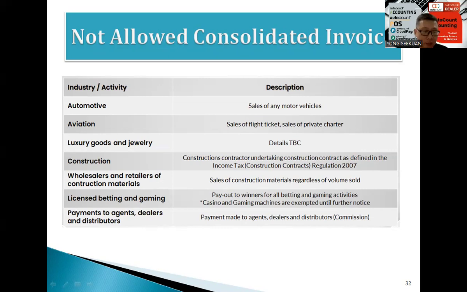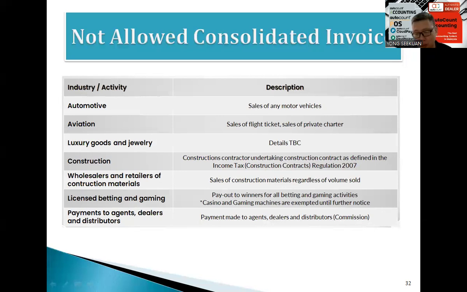The concern of most of my customers in the market is construction. You see the wholesale and retail of construction material is also under this listing. Like Mr. DIY, their retail shops also sell construction material. Is it not allowed to consolidate? I don't think so.